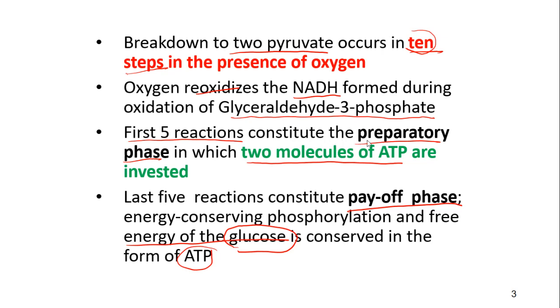The first phase is the preparatory phase, which has 5 reactions or 5 steps, and the other phase is known as the payoff phase. During the preparatory phase, 2 molecules of ATP are invested, and then during the payoff phase, the energy of glucose is conserved in the form of ATP.